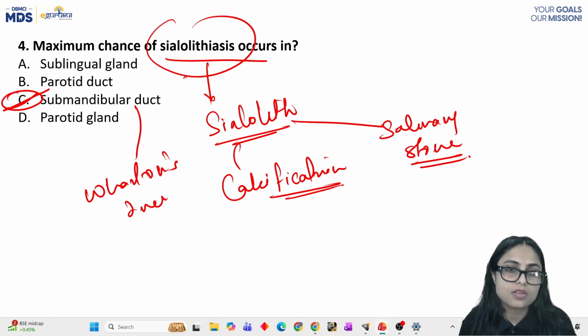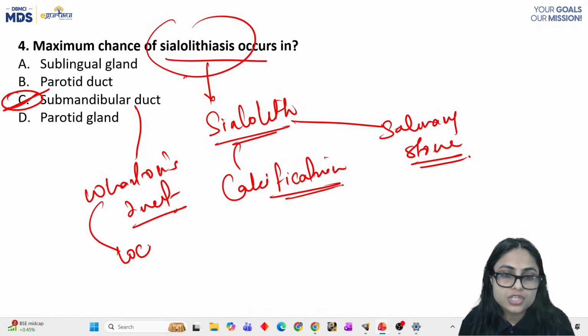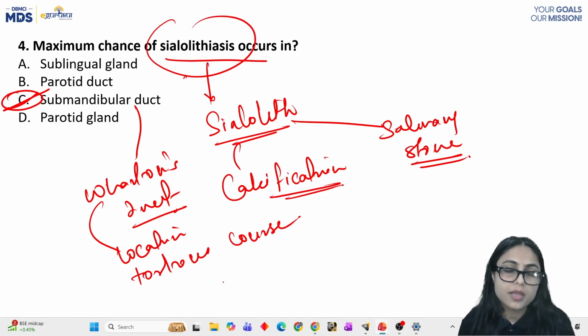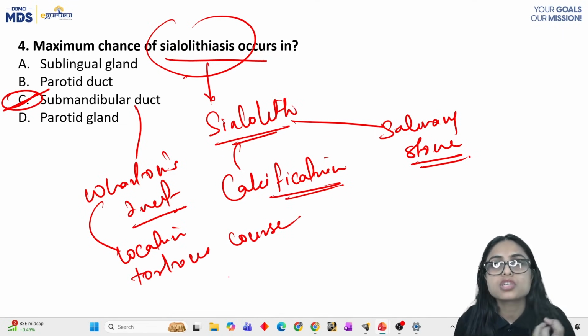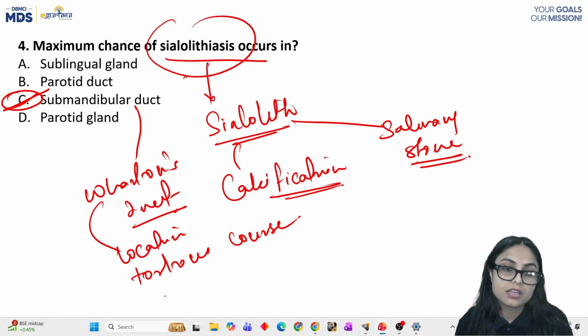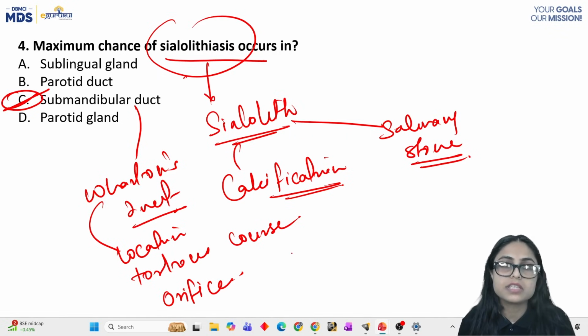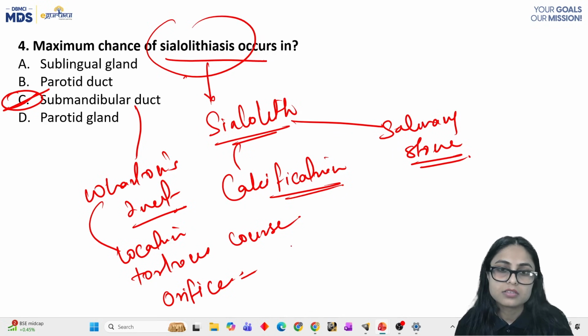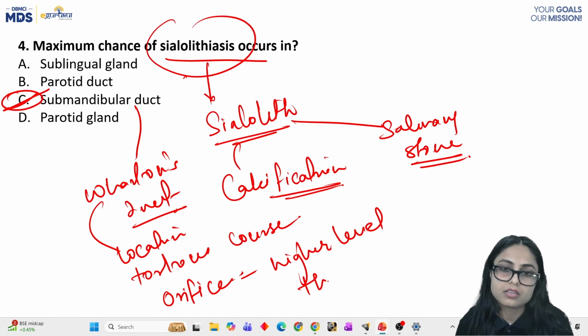And what are the reasons for Wharton's duct? The tortuous course of Wharton's duct, the composition of the saliva, and the location of the orifice of this Wharton's duct, which is at a higher level than the gland.